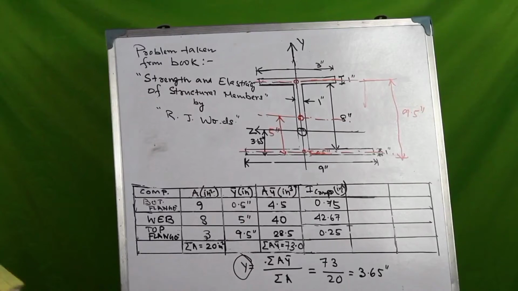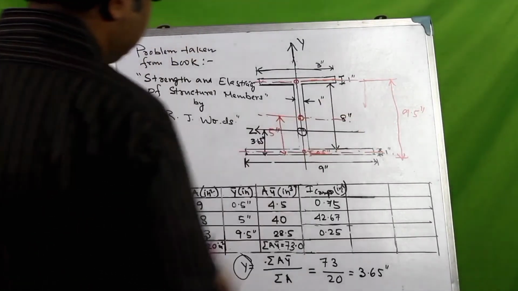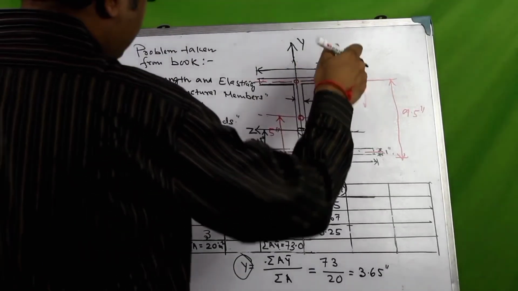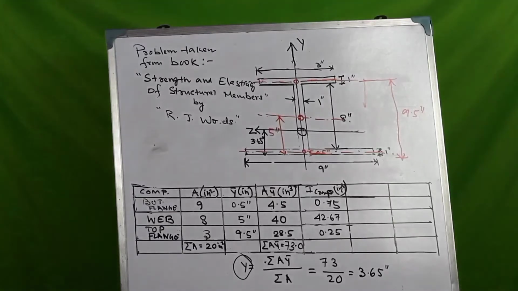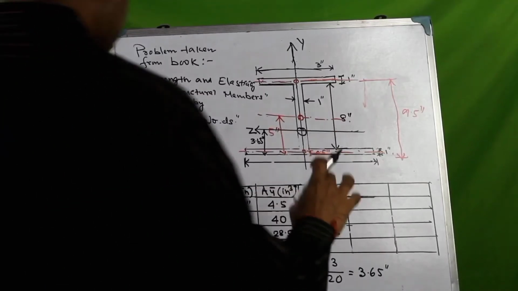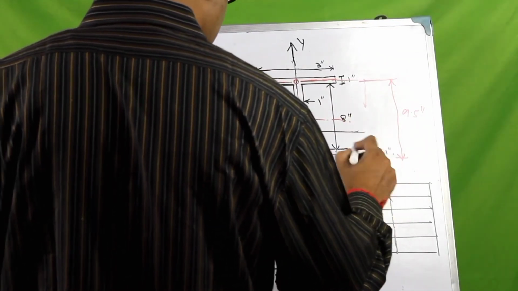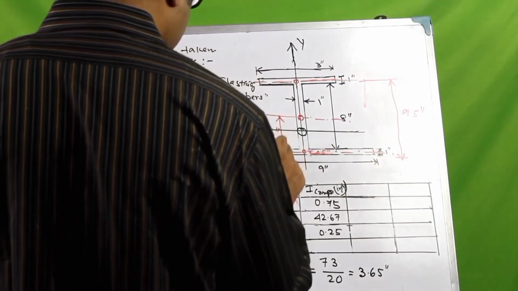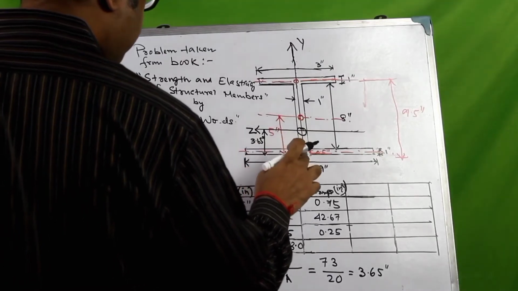So what we now need to find out is the distance of this particular CG from all their individual centroidal axes, right? So basically then this distance would be what? This is 3.65 inch from here, so minus 0.5.